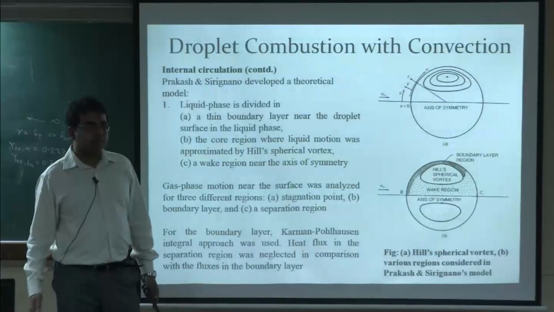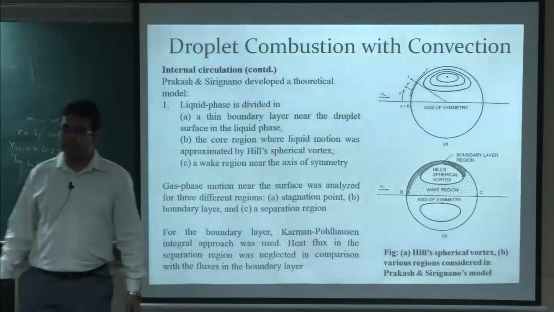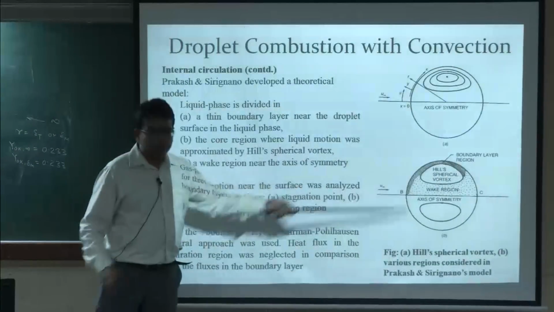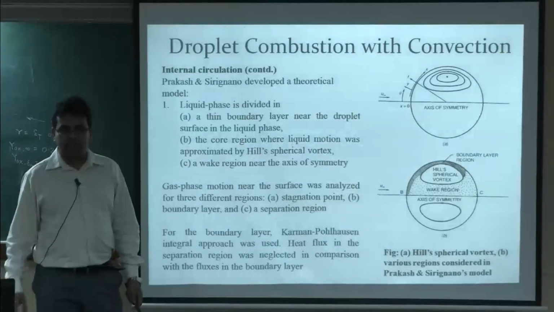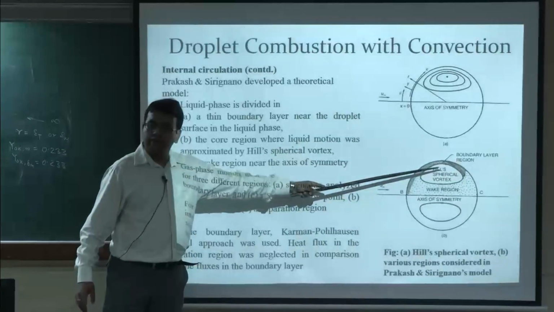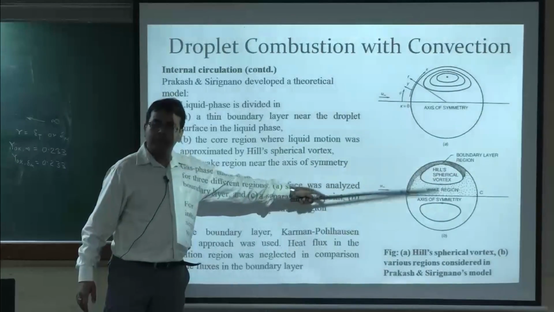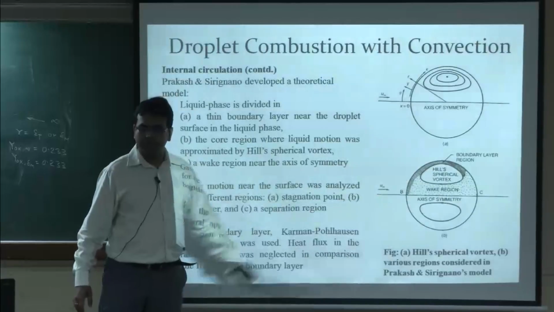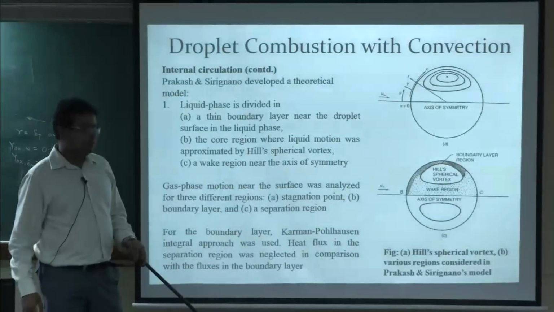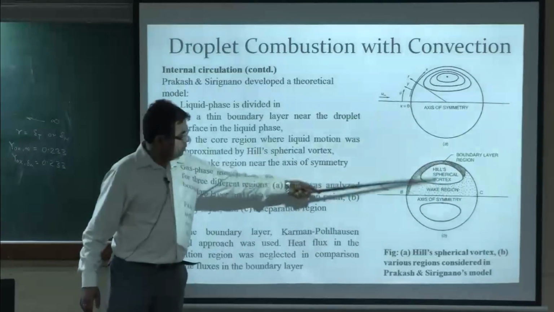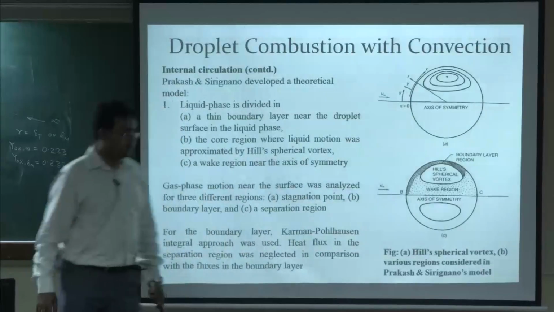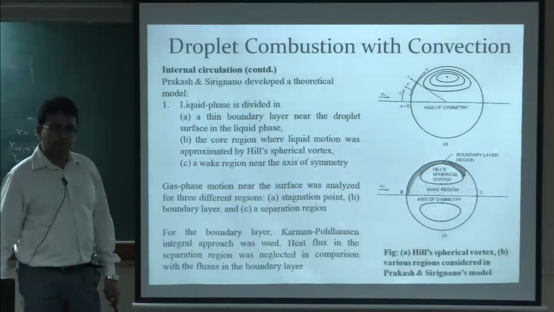When doing spray combustion modeling, sometimes the model can predict the transient heat up of the droplet, but these effects can also be important. Most of the models do not consider these effects; they are basically in the research domain. People have done some research and found that these vortices and the flow within the droplet, like the internal recirculation, can also affect droplet evaporation.